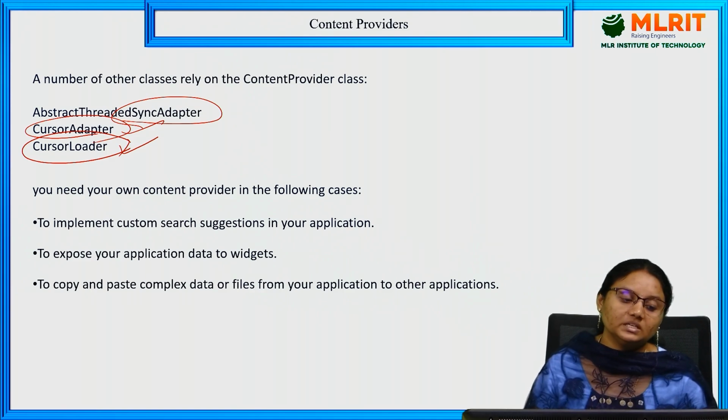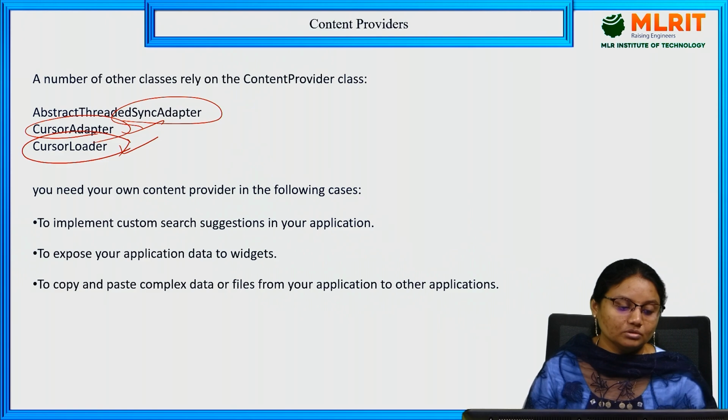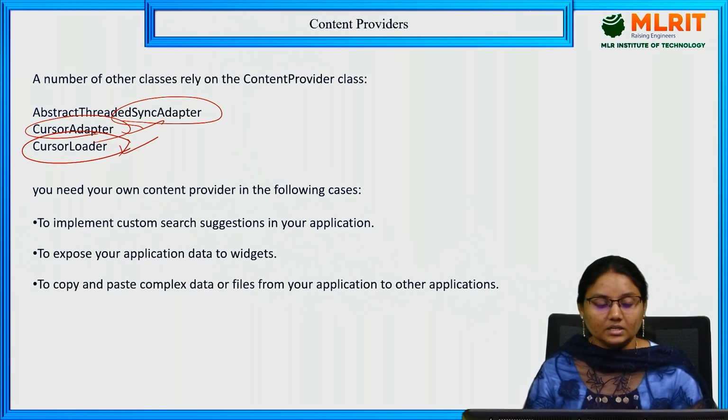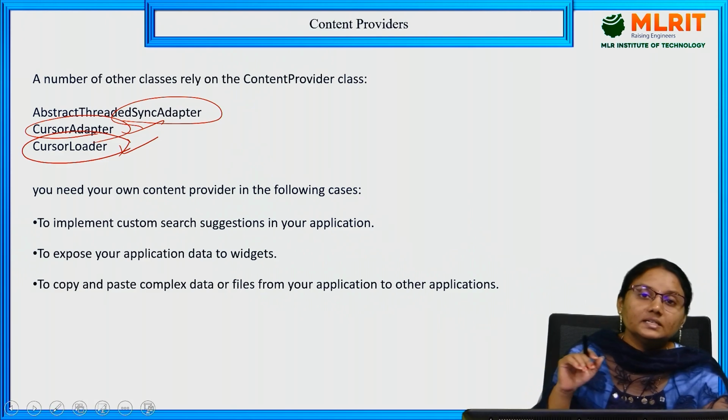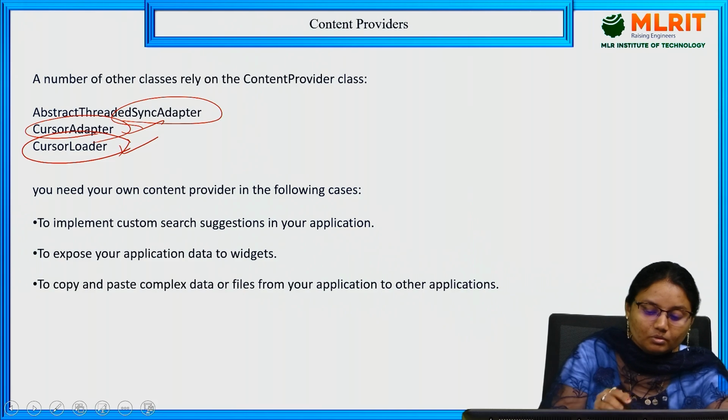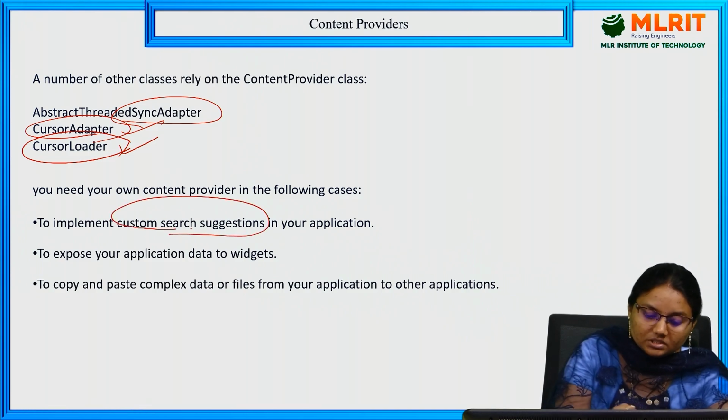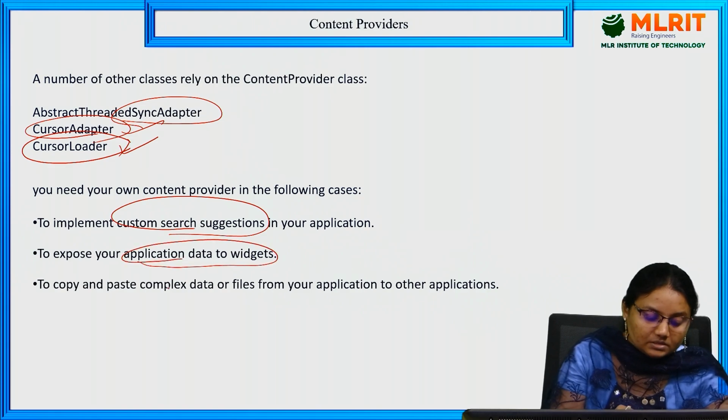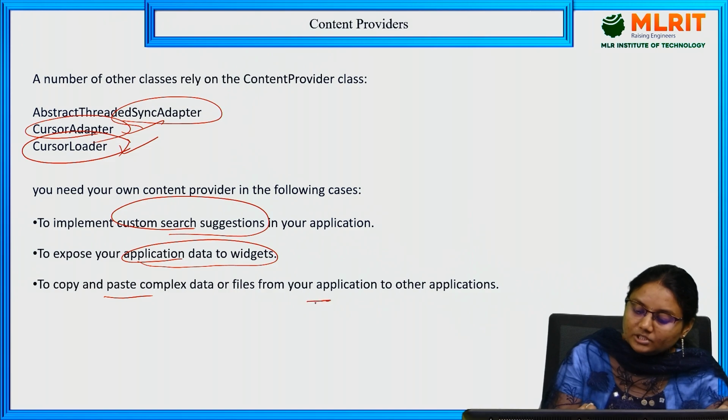For that we need these other classes also: cursor adapter, cursor loader, abstract threaded sync adapter. You need to own the content provider to implement custom search suggestions, to expose your application data to widgets, and to copy and paste complex data or files from your application to another application.